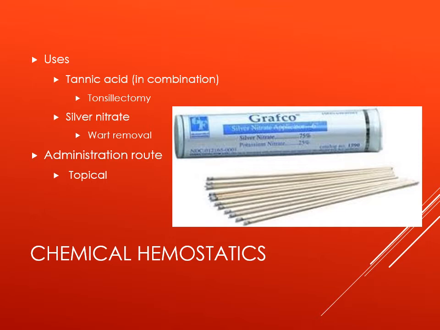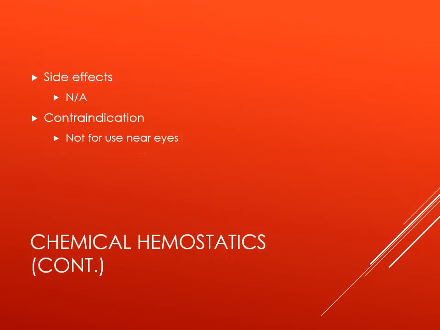So I've known some physicians in the past that'll actually take one of these sticks and chemically use that to burn that area to stop the bleeding there. With these, they are not going to have any side effects. They are contraindicated for use near or on the eyes.